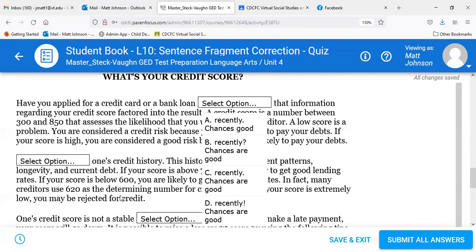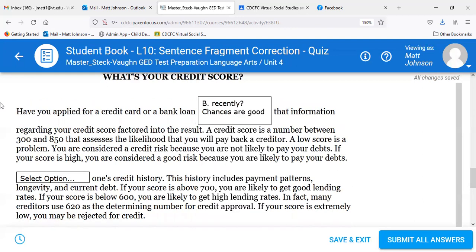Very good. Yep. So it's a question to start with, right? Context is going to be kind of important here. Remember, it said certain words will start questions: who, how, when. So look for that if you're doing that in a test. "Have you applied for a credit card or a bank loan recently? And then chances are good that information regarding your credit score factored into the result.